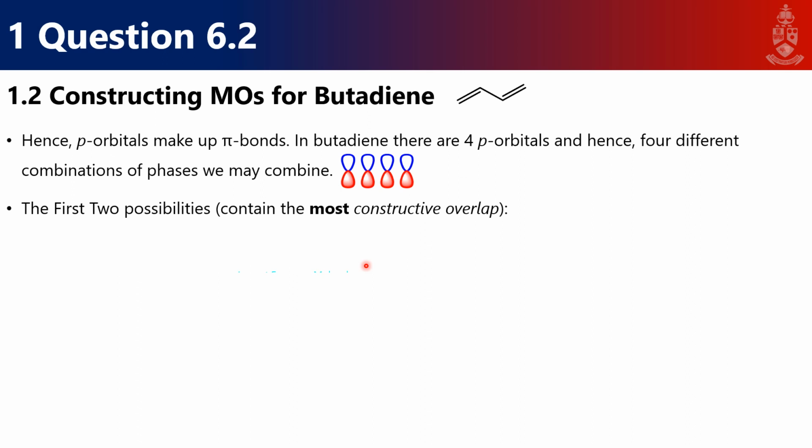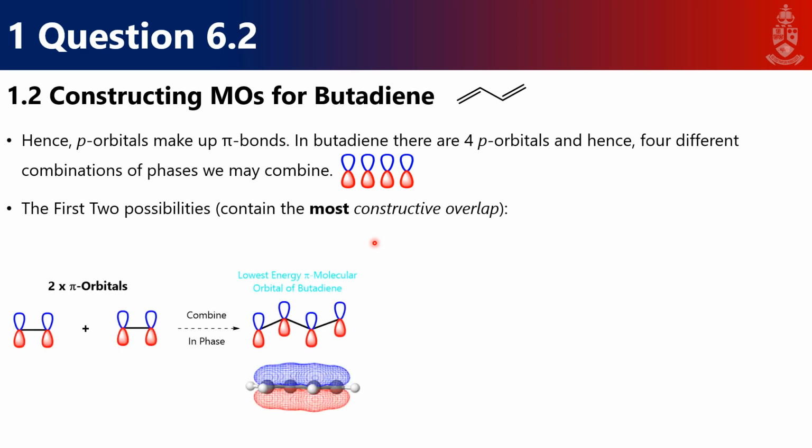Pi, very important, pi molecular orbitals, not sigma orbitals. Remember, there are many sigma orbitals also in this molecule, but we're focusing on the pi molecular orbitals. And those form the frontier orbitals, so HOMO and LUMO orbitals, and the ones around them.